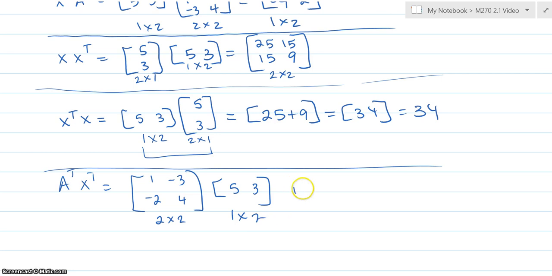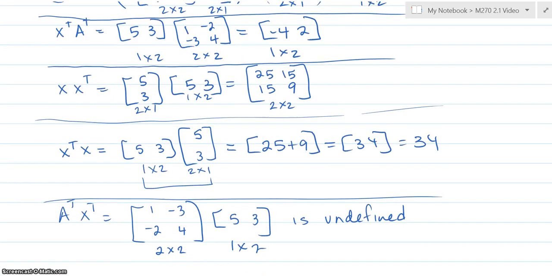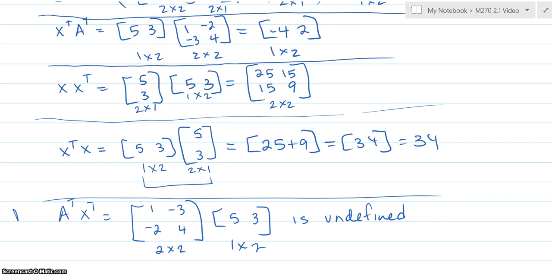You can't even figure this out. This is undefined. And then they ask, is A transpose X transpose defined? And the answer is no. It's undefined. And that concludes this section.